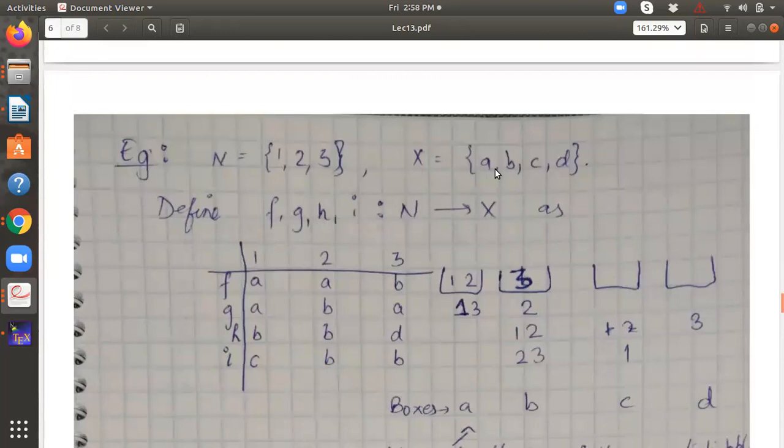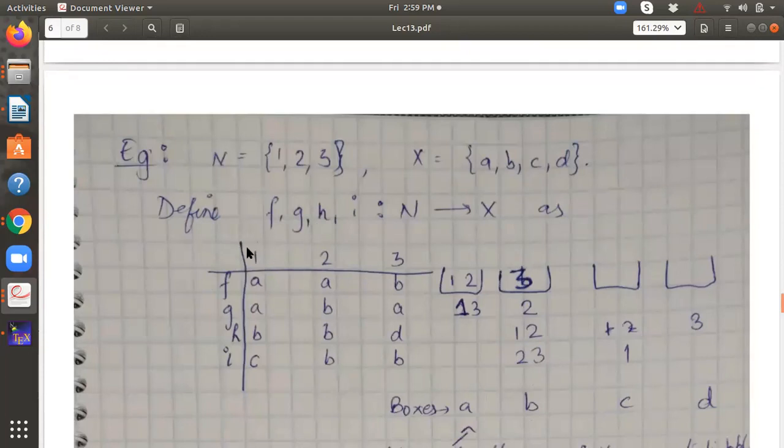So there are four boxes A, B, C, D. Each box has a label. One box has a label A, one has a label B, one has a label C, and one has a label D. So there are four distinct boxes. This particular box has label A, this has label B, this has label C, and this one has label D. Now F sends 1, the ball numbered 1.